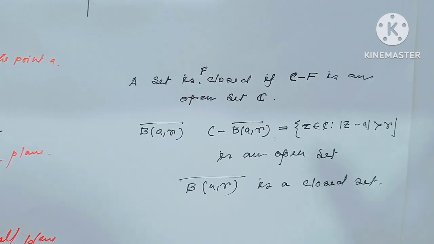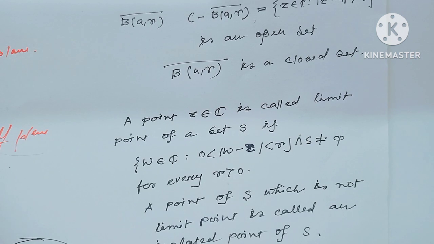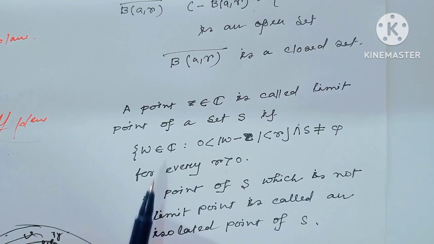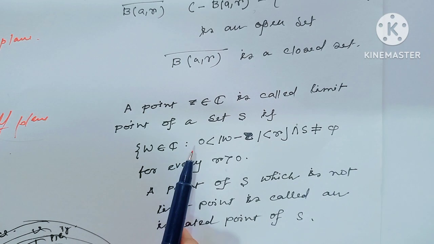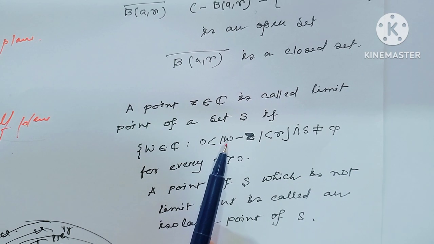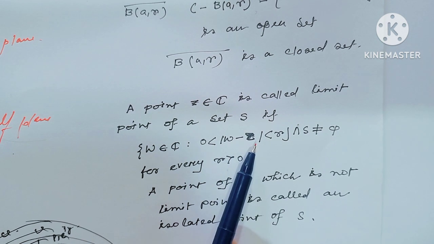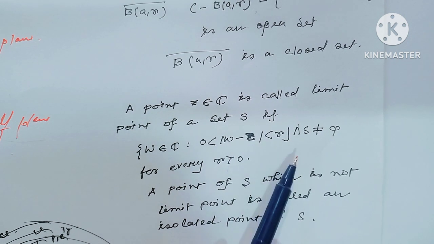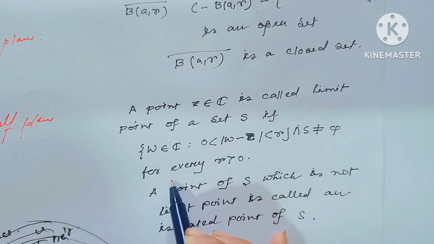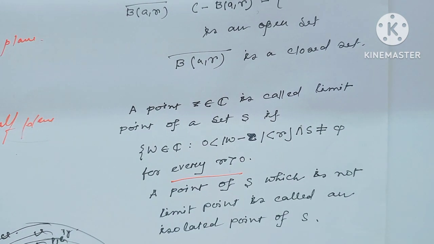Similar to the real numbers, a point Z in the complex numbers is called a limit point of a set S if the set of W in C such that the absolute value of W minus Z is less than R, intersected with S, is not equal to the empty set, and this is true for every R greater than 0.